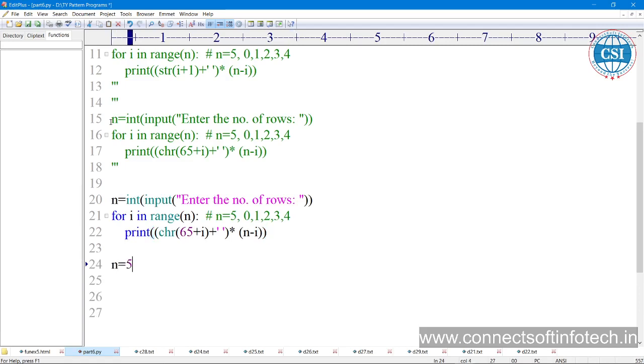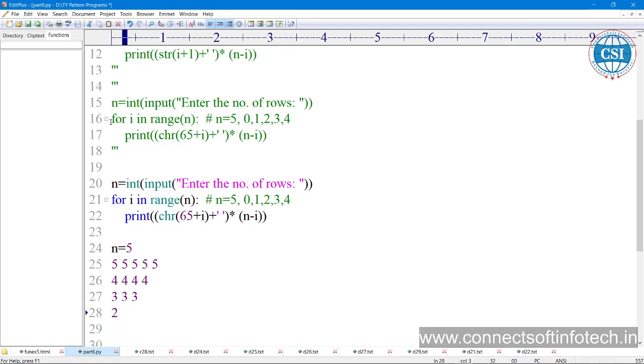If you enter n is equal to 5, I want 5 times, then 4 times, then 3 times, 2 times, 1 time. It's very easy.